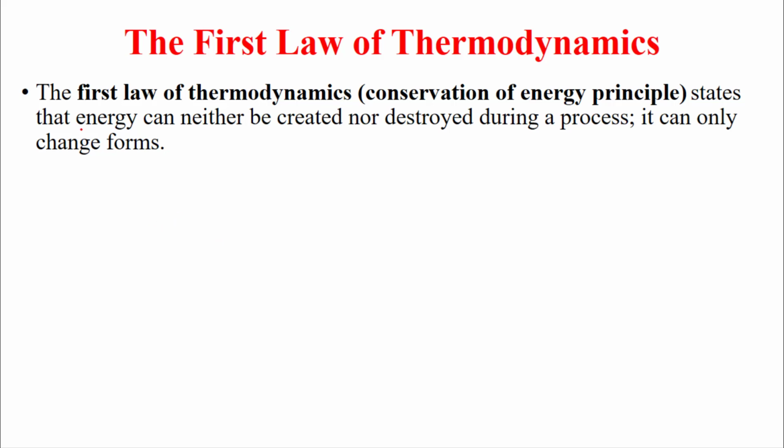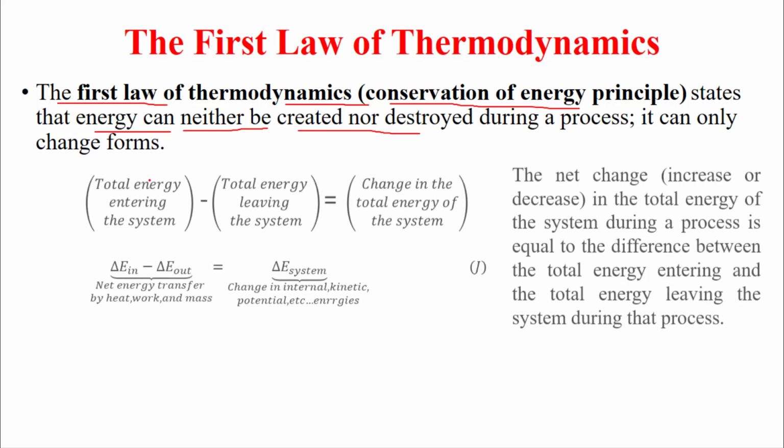The first law of thermodynamics, which we saw earlier in the thermodynamics part, or we call it the conservation of energy principle, states that energy can neither be created nor destroyed during a process. It can only change forms.